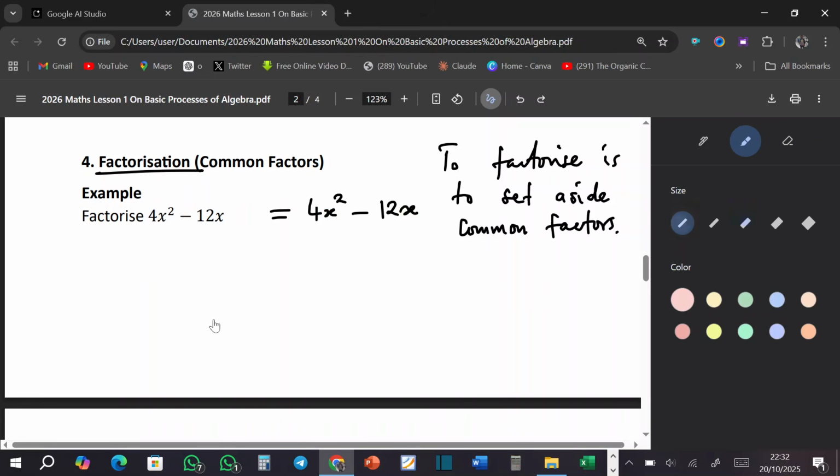But other than that, we must also take note that 4 can go into 12. So 4 itself can go in itself as well as in 12. So 4 again is a common factor. So there are two common factors. So we set them aside. We say 4 and x are common factors.